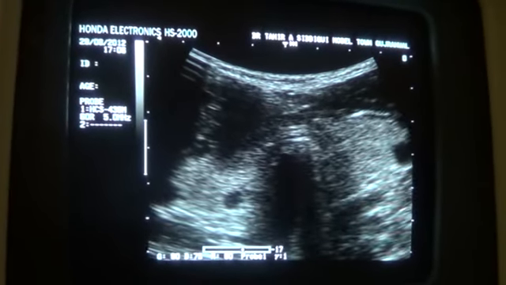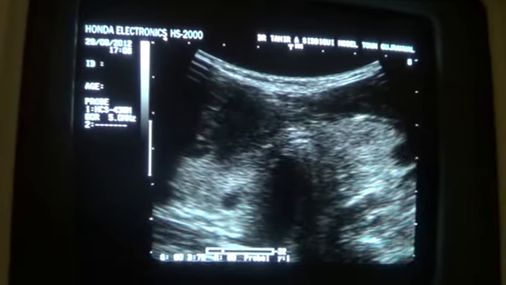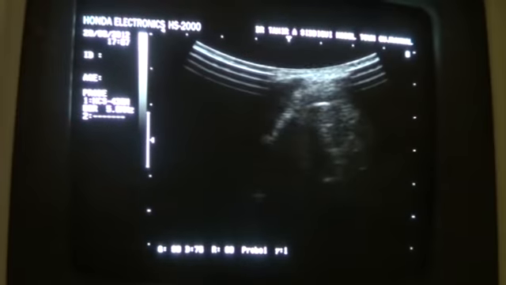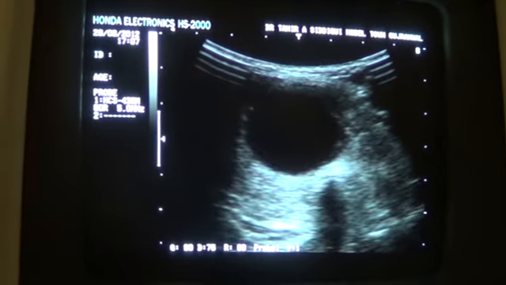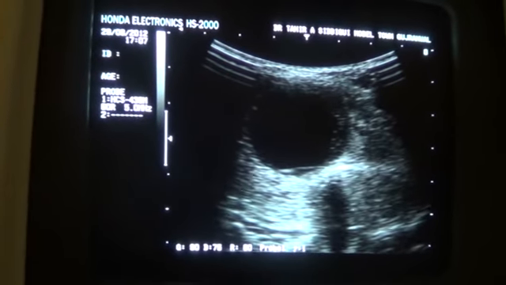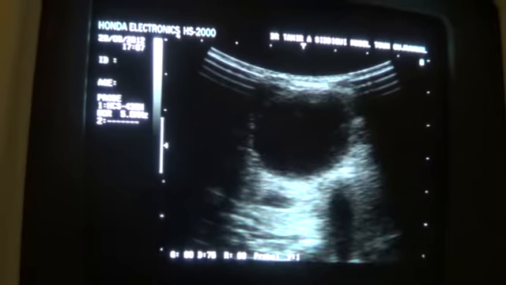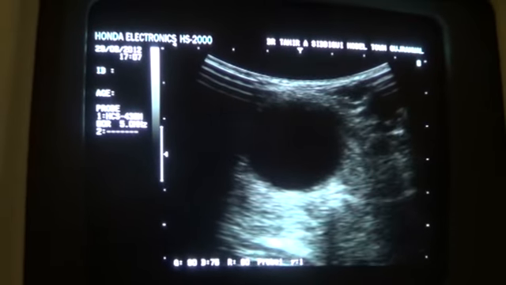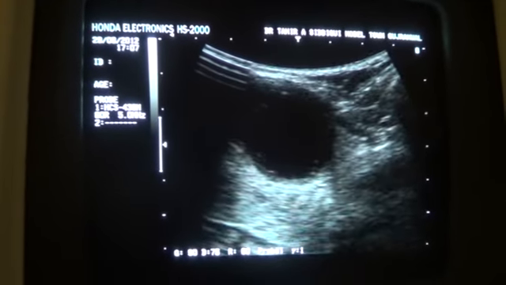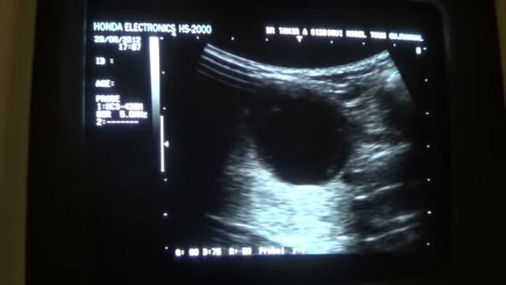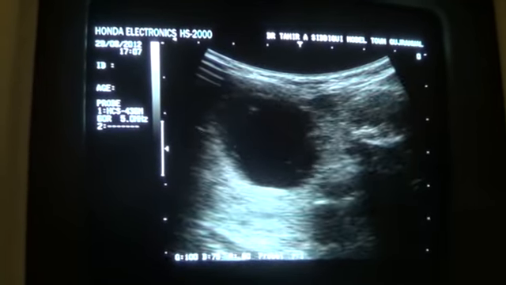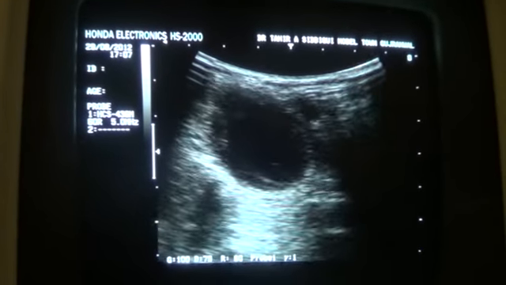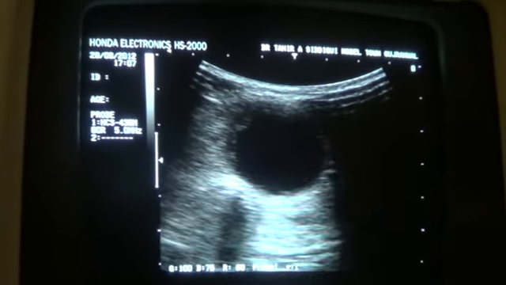Now let's see the cyst only. Let's focus on the cystic area. I am going to give the probe a 90-degree sweep to see if it changes its shape or retains its shape. Here I am rotating the probe 90 degrees, still rotating.